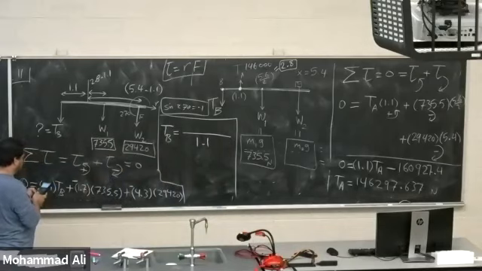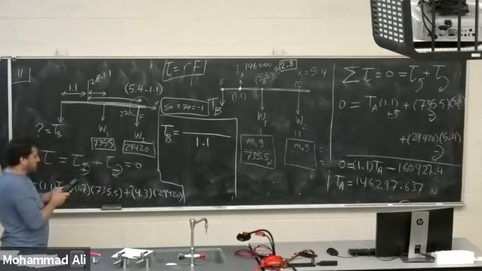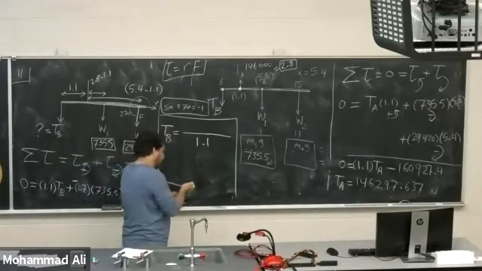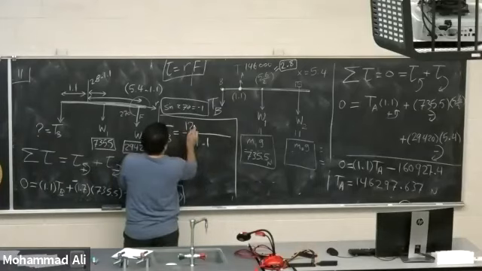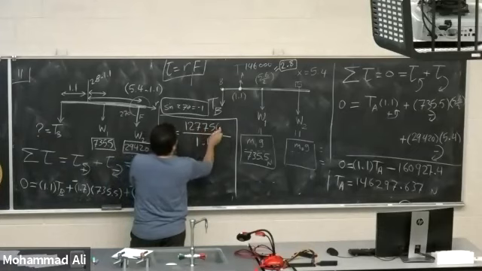I will tell you what that something is equal to. 1.7 times 735.5 plus 4.3, yes, and okay, it is equal to 127,756.35 over this.